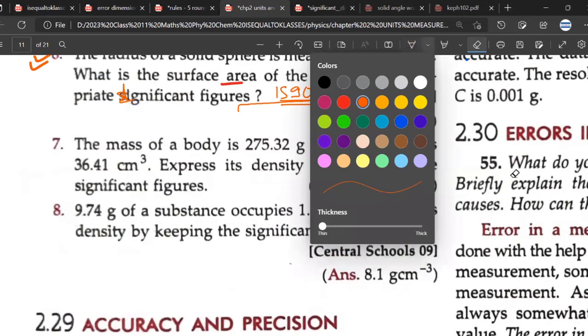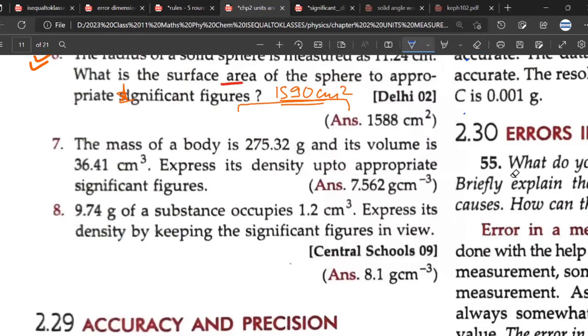So question number 7, mass, volume, density. Density is equal to mass per unit volume, gram per centimeter cube. So again, I'll check the answer from my calculator first.